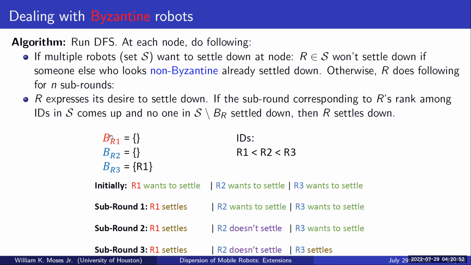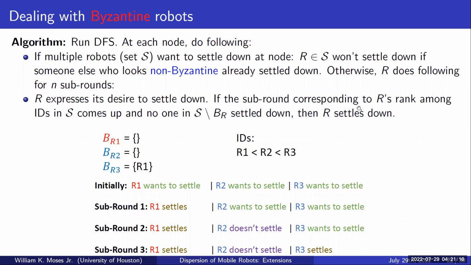Importantly, R1 is Byzantine, whereas R2 and R3 are good guys. And the Byzantine guy, we don't really care what its blacklist is, so let's just pretend it's empty. For the good guys, R2's blacklist is empty. That is, it doesn't know R1 is a bad guy. But for some reason, R3 knows R1 is a bad guy, so it's remembered this.